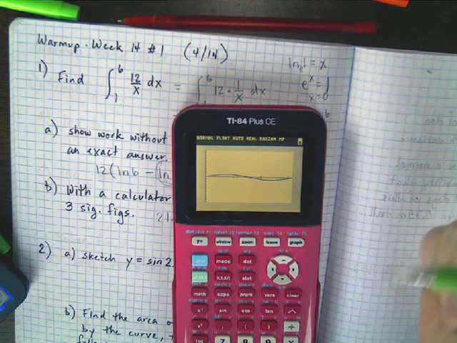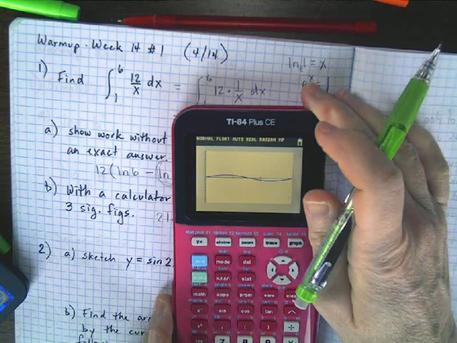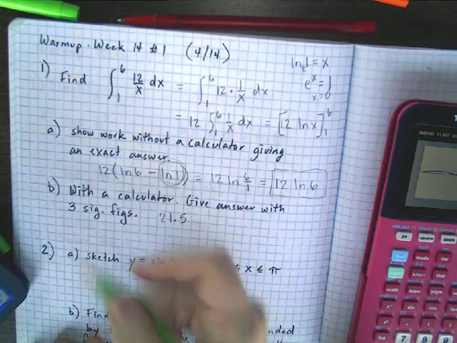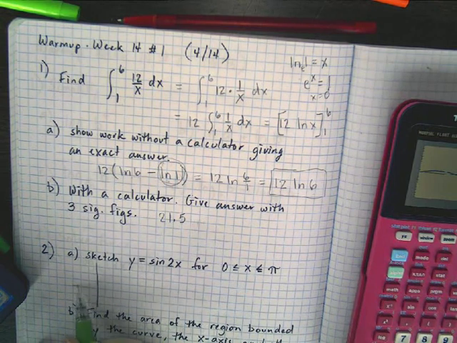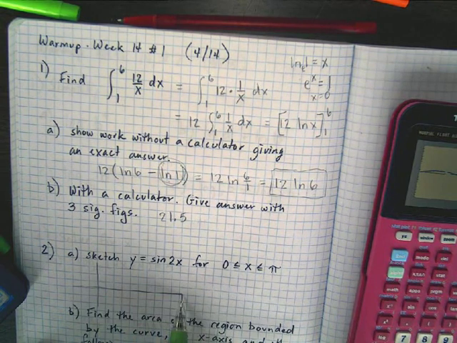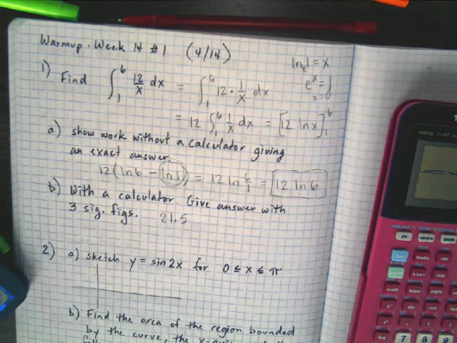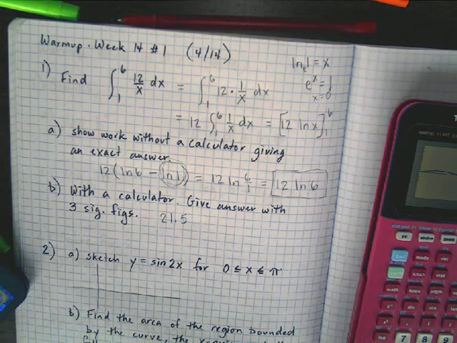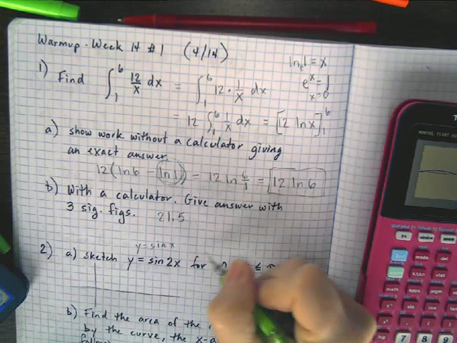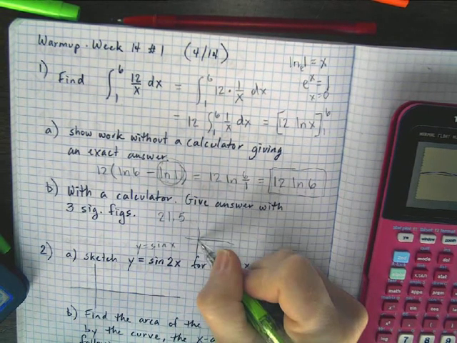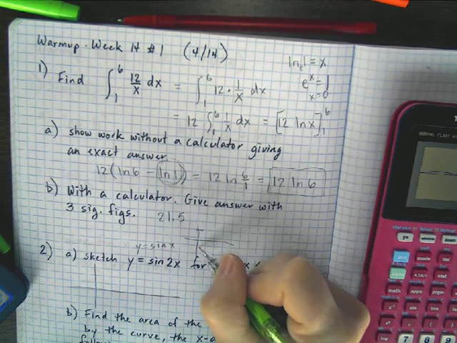So if you remember your transformations and you remember your basic sine function, in our basic sine function, the amplitude is 1, the period is 2 pi, and so if I was just doing y equals sine of x, I would start at 0, and I would go up to 1 and down to -1.